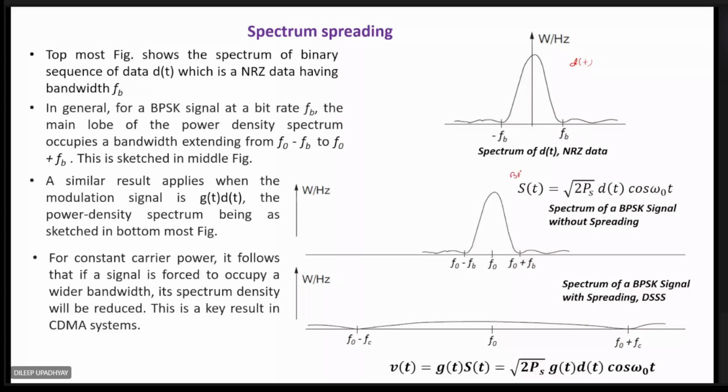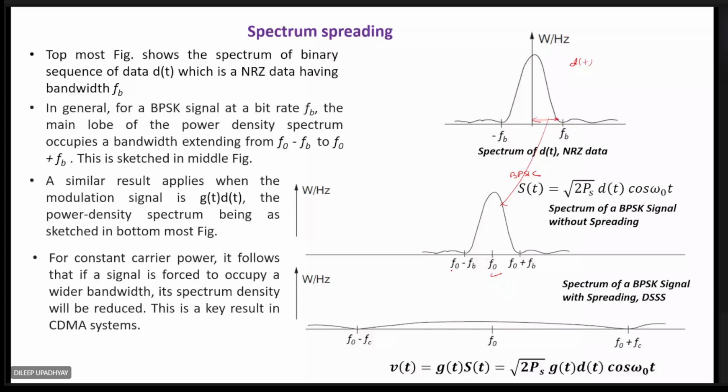So what will be the power spectral density of the BPSK signal? The spectrum of this DT will be shifted to omega naught, that is f naught. So this point will be f naught plus fb, because this width is fb, and this point will be f naught minus fb.